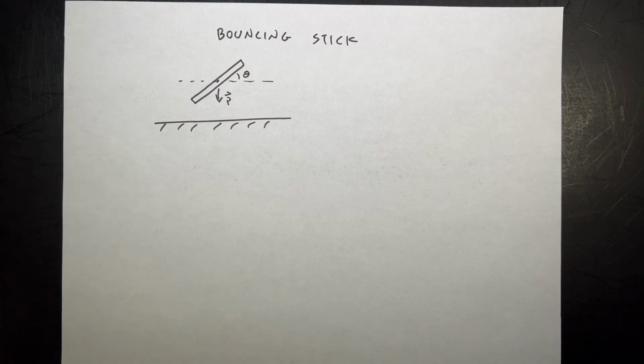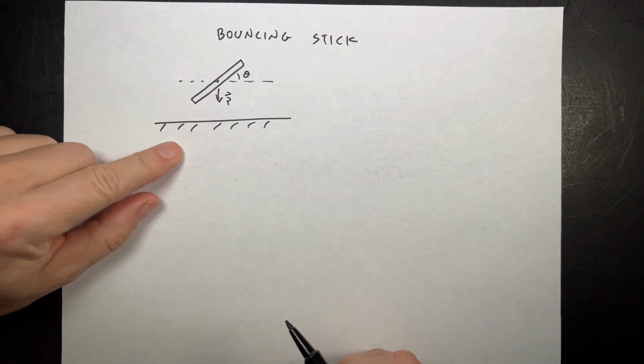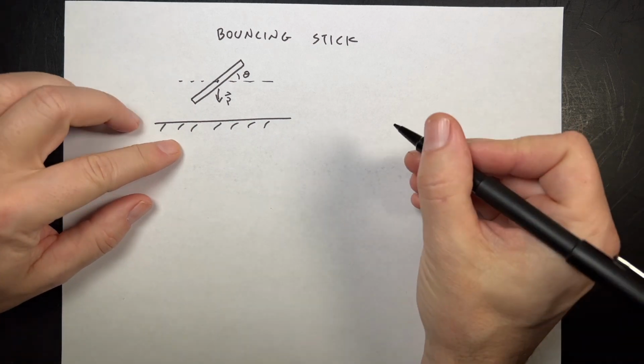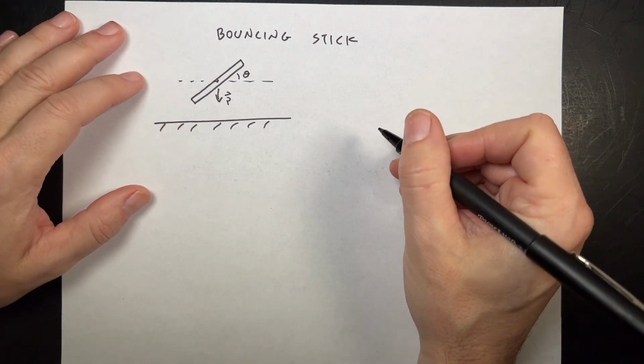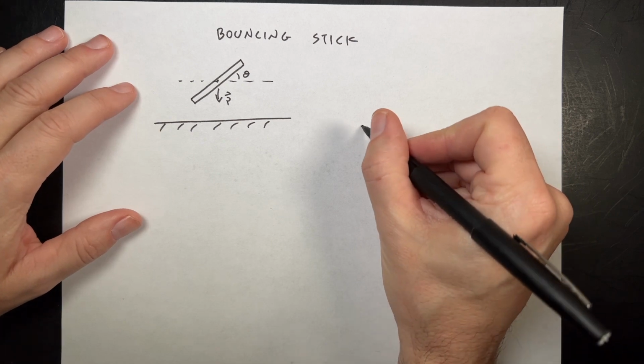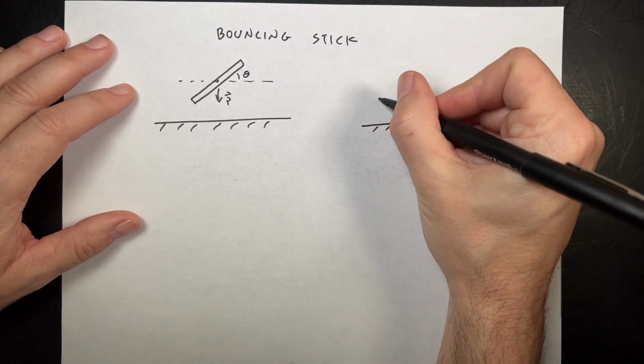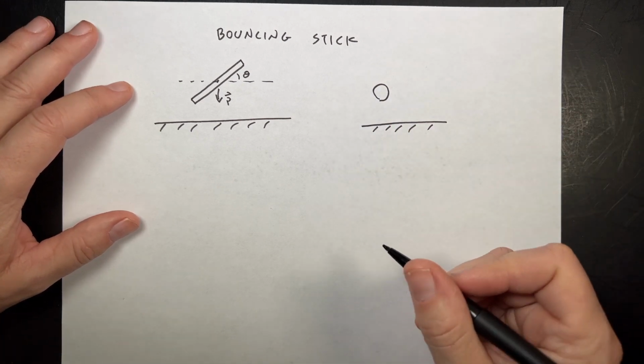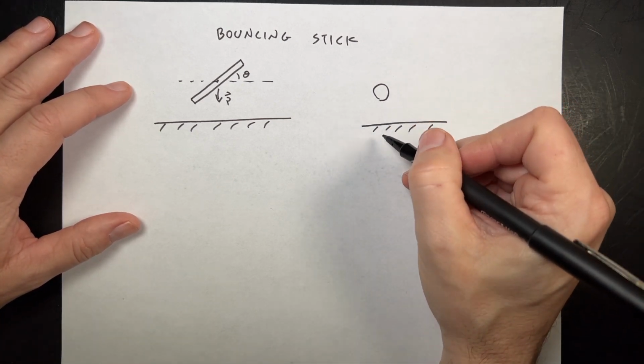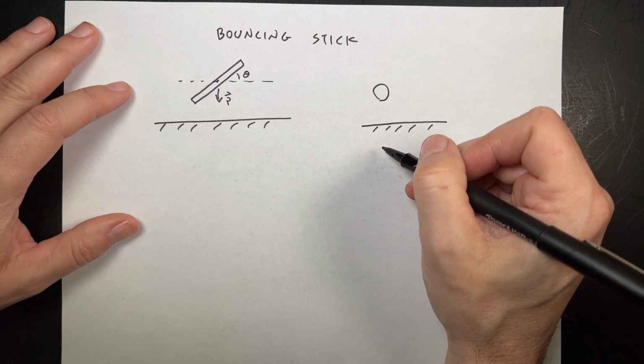I want to model just one stick hitting the ground. Let me say how I would model a single ball hitting the ground. So suppose I have a ball like this, and it's falling. How would I model the interaction between the ground and the floor to make it bounce back up?